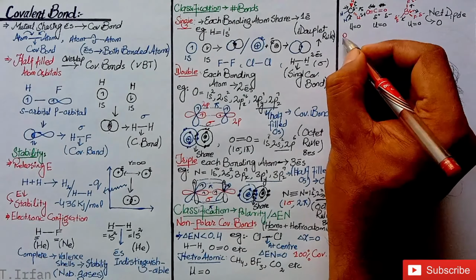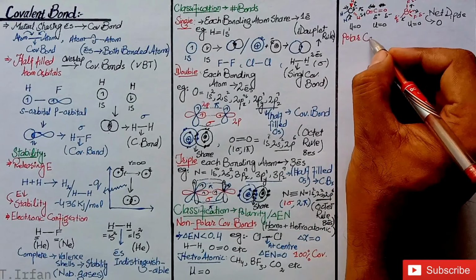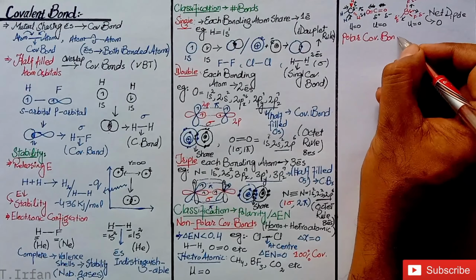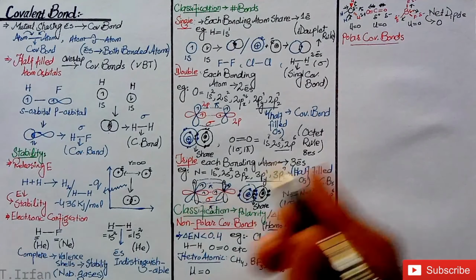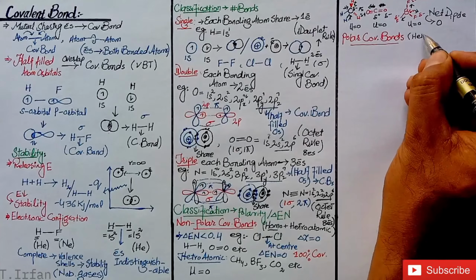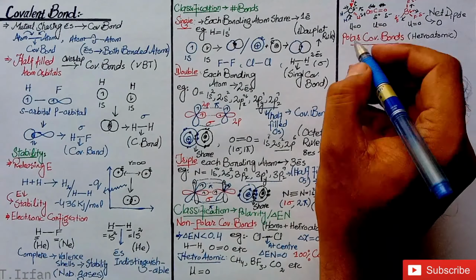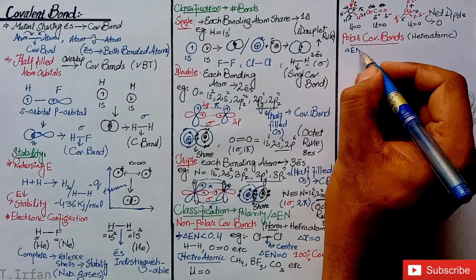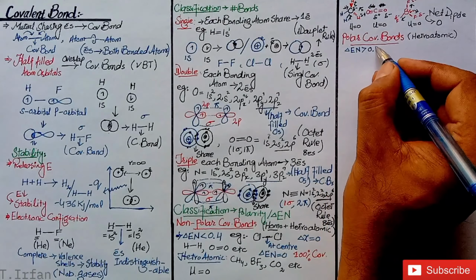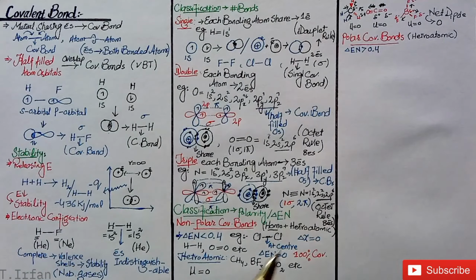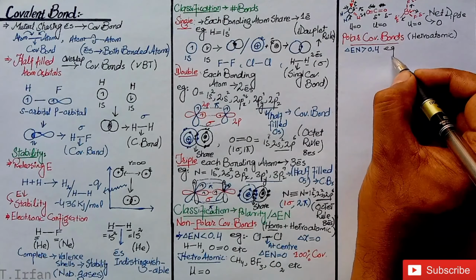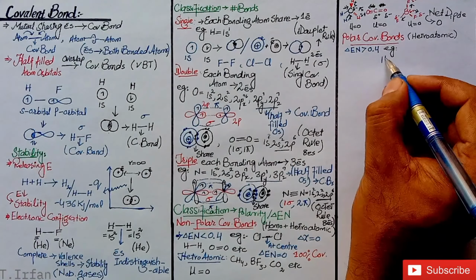And the second type is the polar covalent bonds. These are the heteroatomic molecules which have polar covalent bonds. This is considered when the electronegativity difference is greater than 0.4. The bonds are polar covalent bonds.